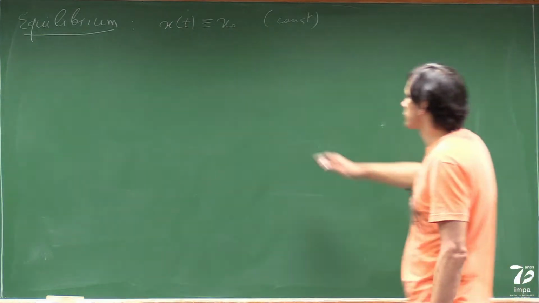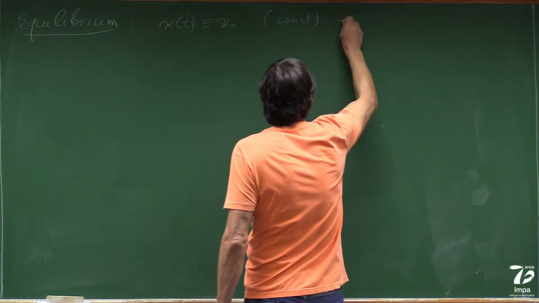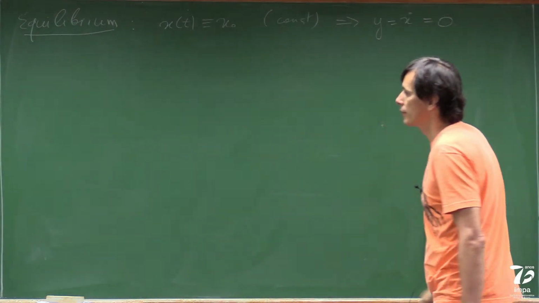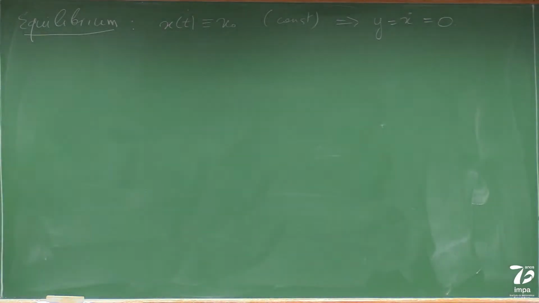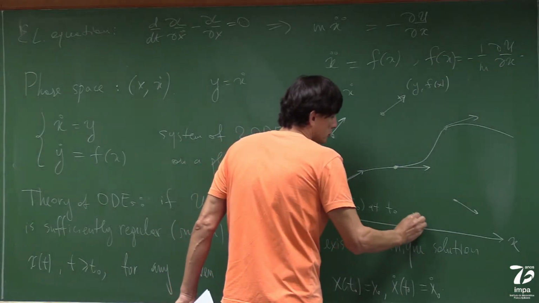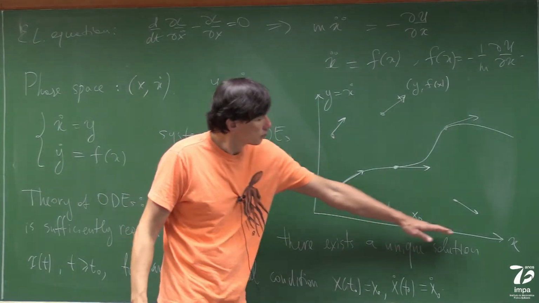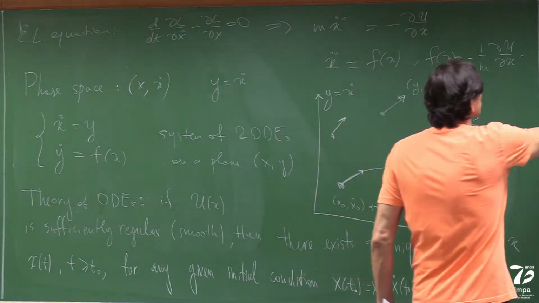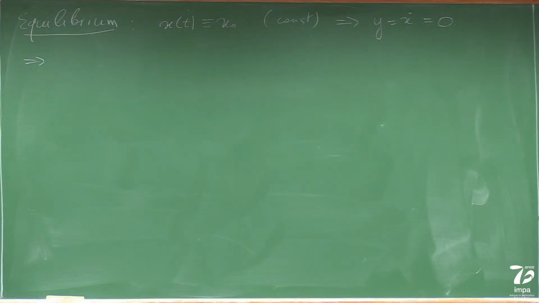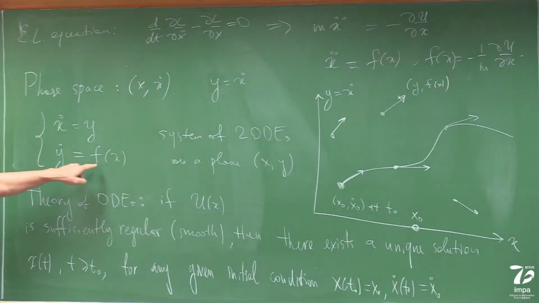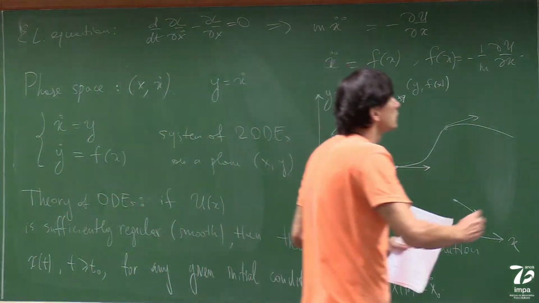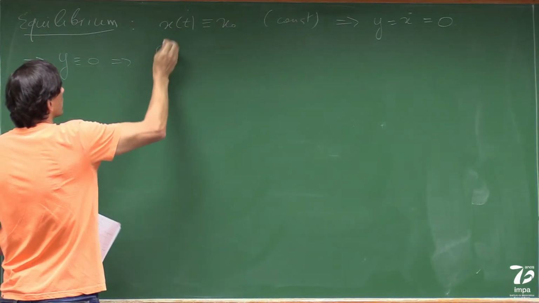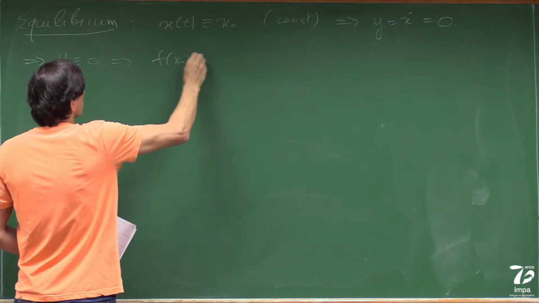So whenever a solution is constant, automatically y, which is x dot, is 0. So the equilibrium must always be on the horizontal x axis. So equilibrium is a point on x, and y is 0 means that its derivative is 0, then f is 0. So f at this point is 0.